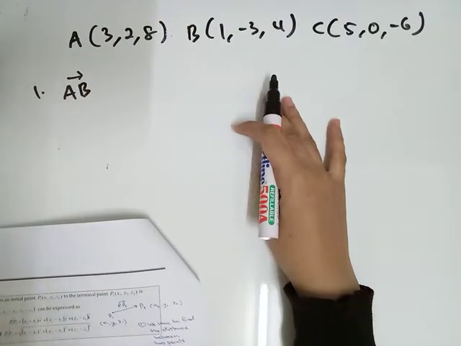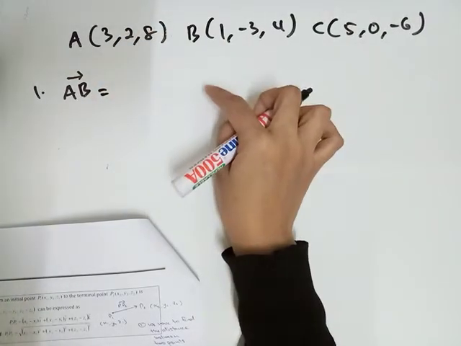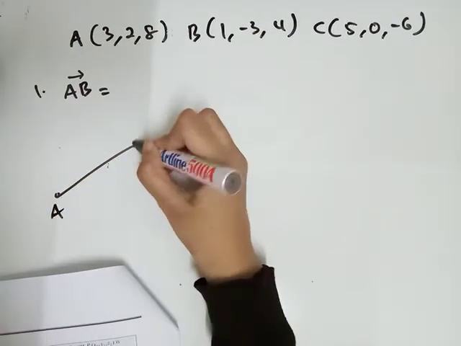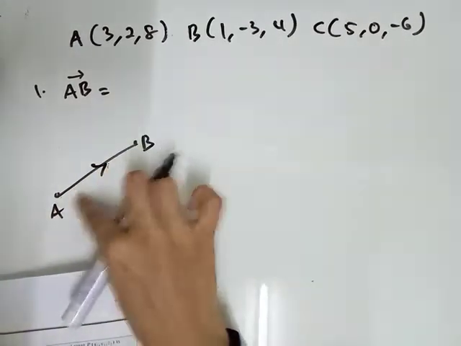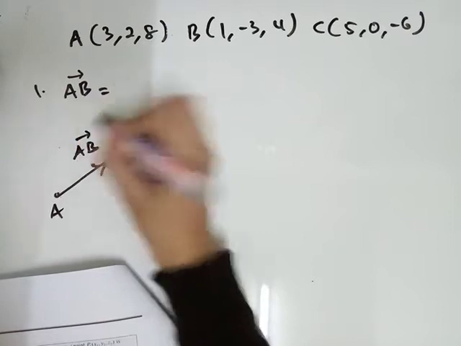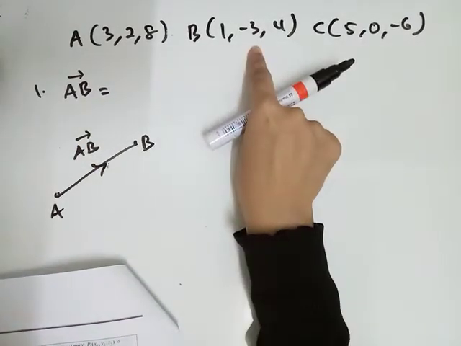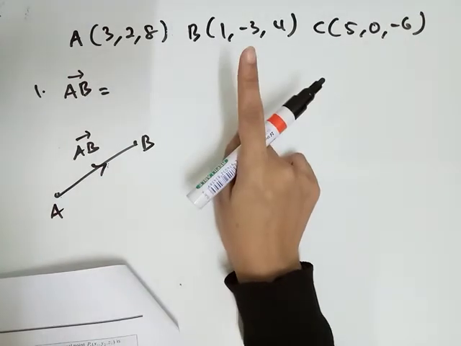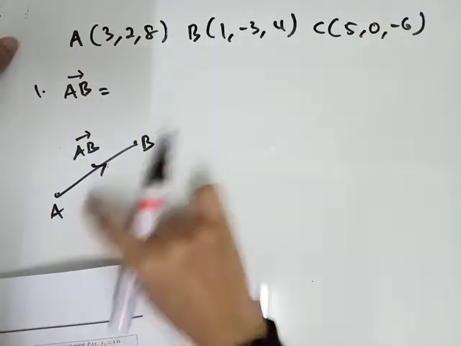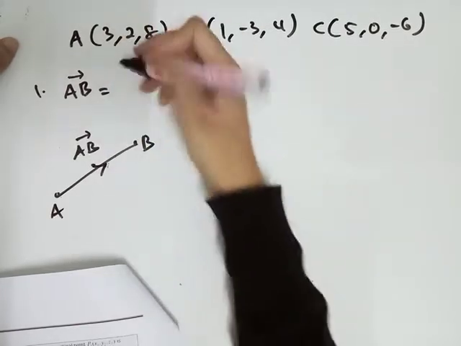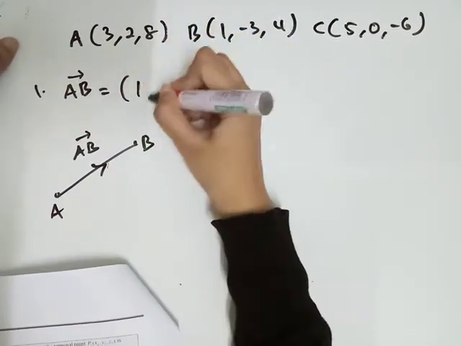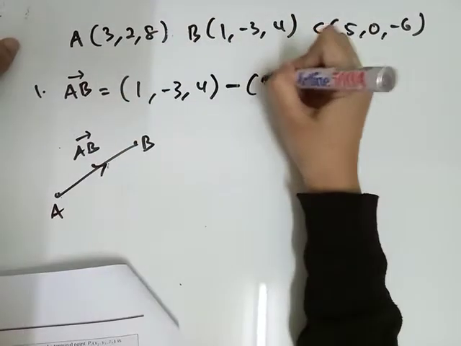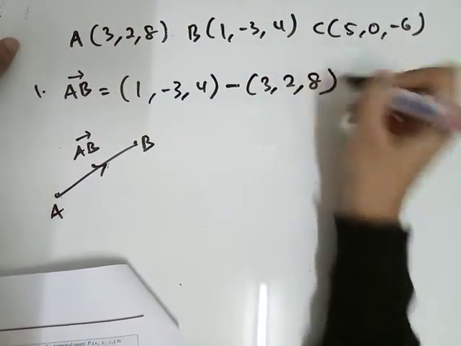To find it, it is like going from point A to B. Vector AB. So from point B, we have to minus point A. First step, we have to find the distance to get the vector AB. That means point B minus point A. So point B, (1, negative 3, 4), minus point A, which is (3, 2, 8).